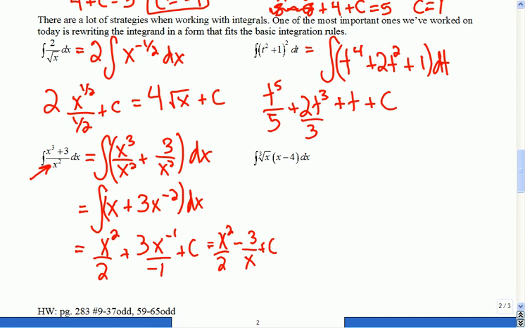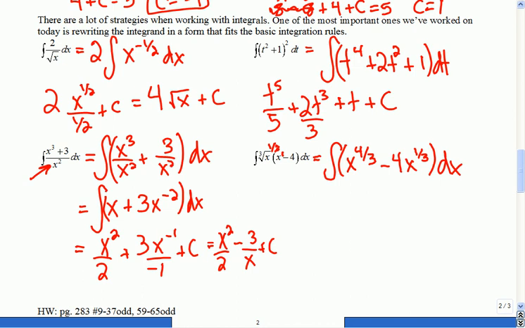And in the last one, I'm just going to distribute that. So I'm going to end up with x to the 4 thirds, because there's a 1 here and a 1/3 there, take away 4x to the 1/3, because that's going to be easier for me to do the power rule on.